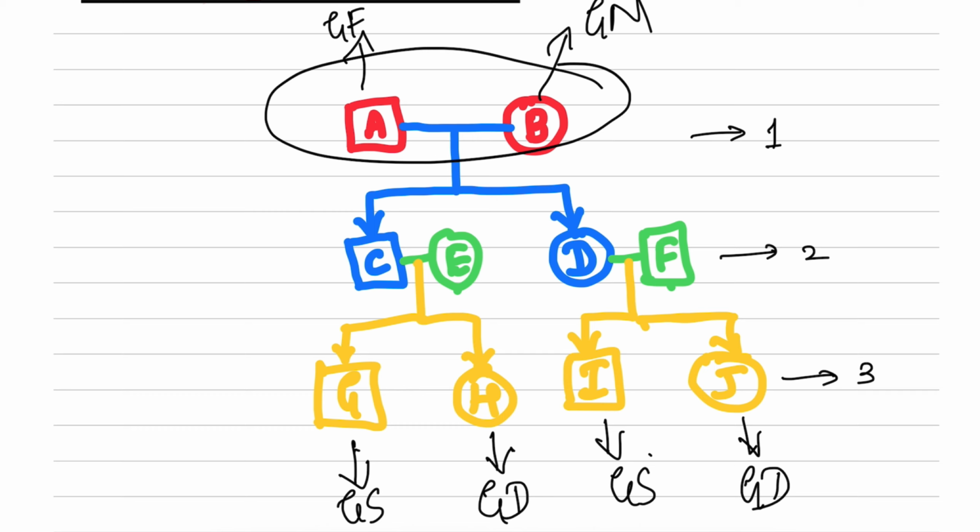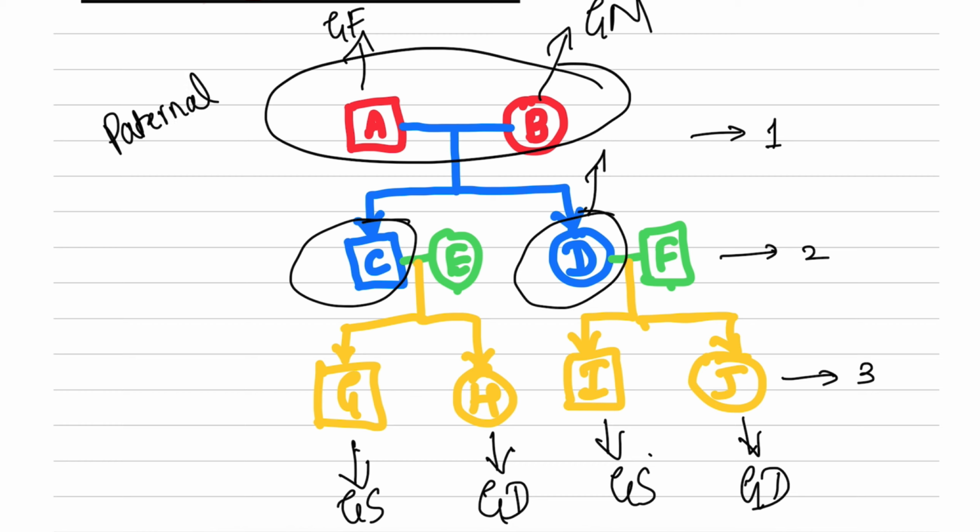So if the grandparents are from father's side, then they are called as paternal grandparents. If the grandparents are from the mother's side, then they are called as maternal grandparents. So these are the blood relations we'll come across in the questions. So if you understand this, then all the questions you can solve easily.